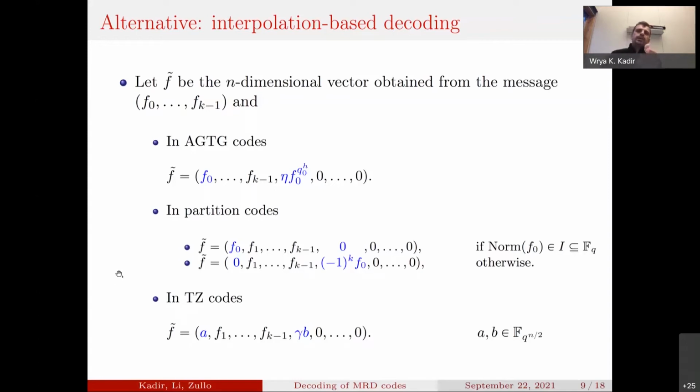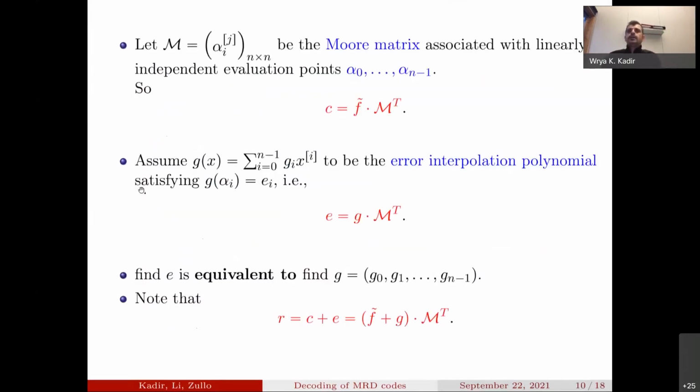So now we have constructed F tilde, then we move on to the construction of the codeword, because we have a vector of length n, which is the extension of the message, and then this vector of length n can give the codeword. Let M be the Moore matrix associated with the linearly independent evaluation points alpha 0 to alpha n minus 1. So C, which is the codeword, can be generated as F tilde from the previous slide, multiplied by M transpose.